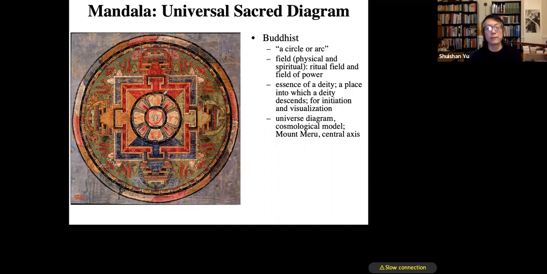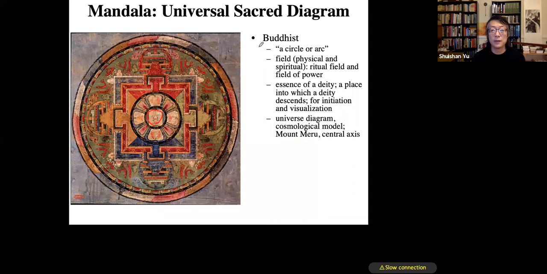So it's also a universal diagram, and the architectural character of that Tibetan mandala is also unmistakable. You can see the square and circle, those gate-like structure, and the layered structure focusing a center. Right? So this is like a two-dimensional diagram of the universe.